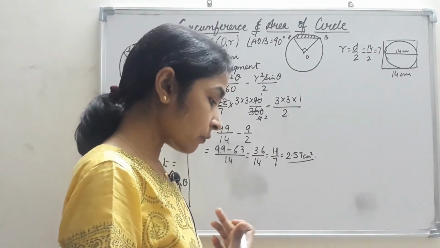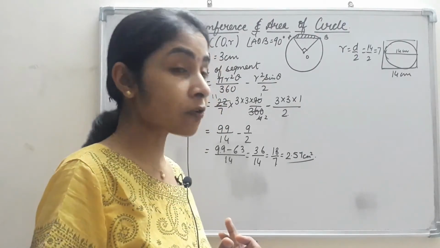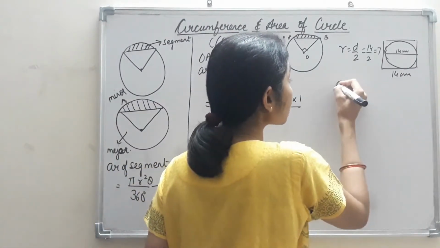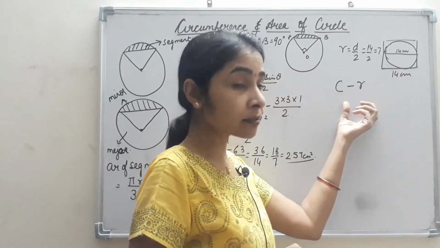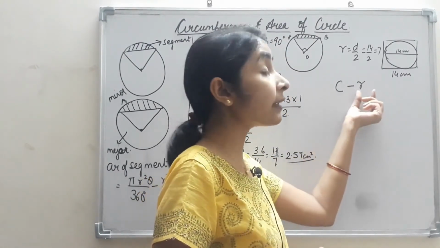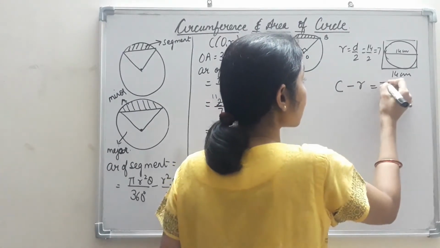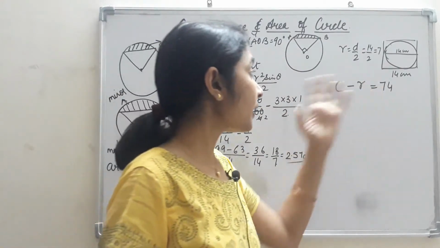Similarly, let us see one more question: the difference between the circumference and radius of a circle. Now what is given to us? The equation will form like this. The difference between the circumference and radius of a circle is equal to 74 centimeter. So like this we have got the equation.